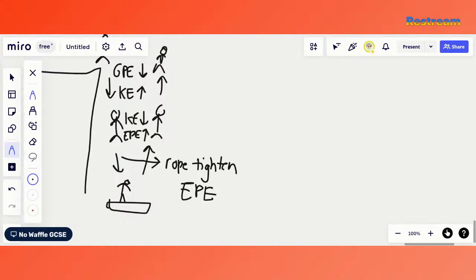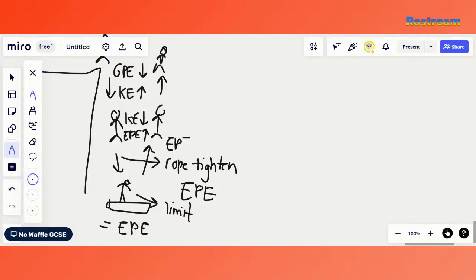Now this continues until the person gets right to the limit of elasticity, when the rope tightens very much. And this means that all of the energy at this lowest point is all elastic potential energy. But now the person goes back up and we see the opposite happen.